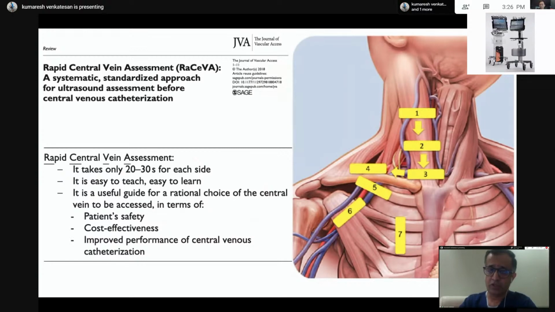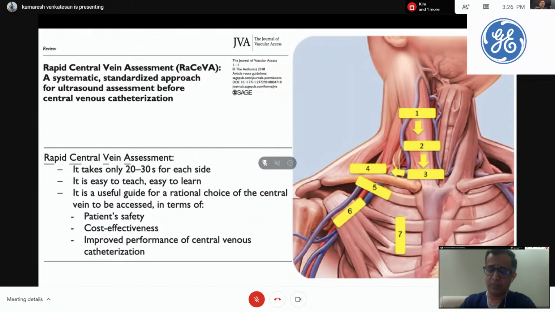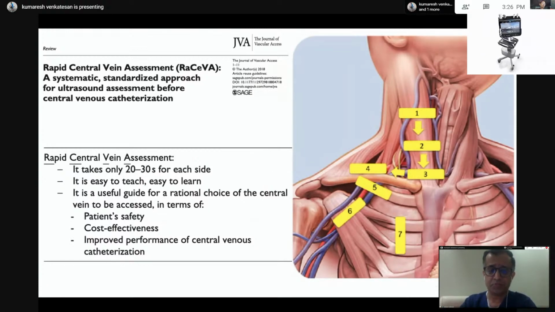You can also look at the lungs, to compare before and after the procedure to exclude or confirm the presence of pneumothorax. I would recommend the 8th step on this procedure. The 8th would be to look at the femoral vessels. Now, by performing all this, you can decide which vessel you're going to go for, and thereby you can perform the procedure safely, minimizing the complications.